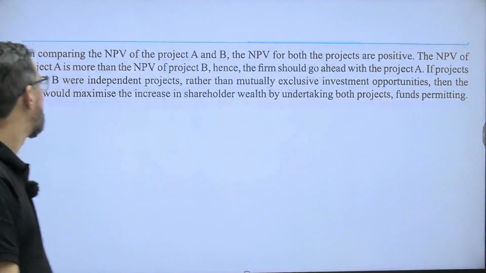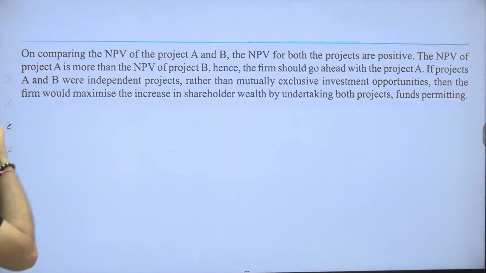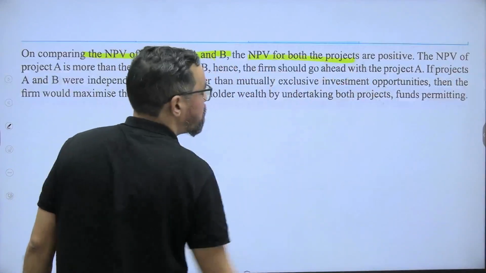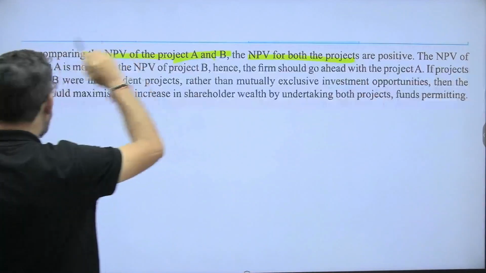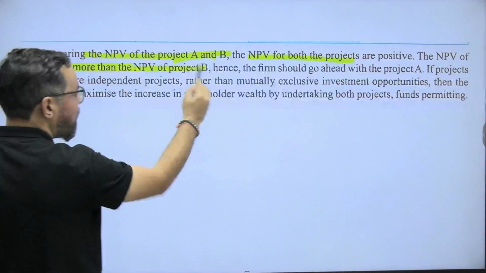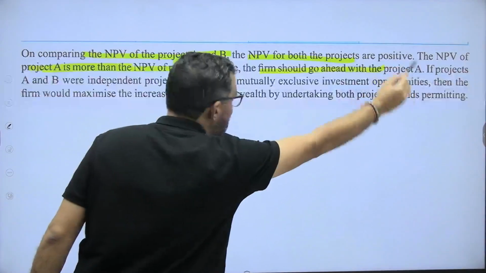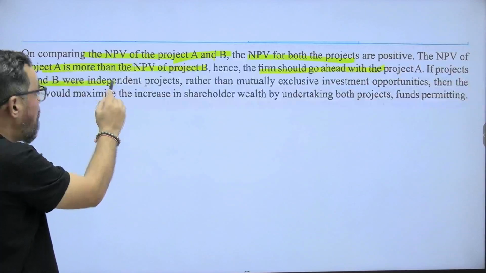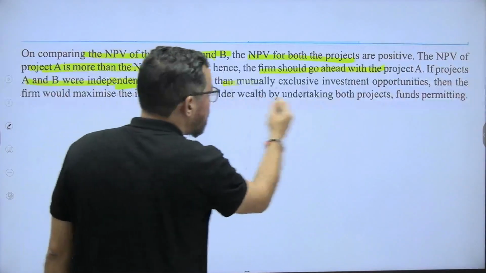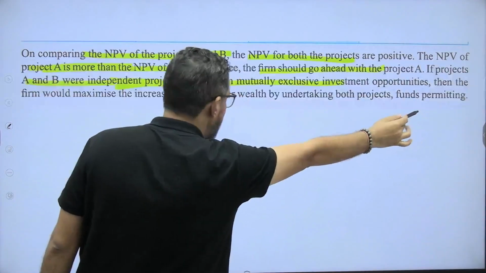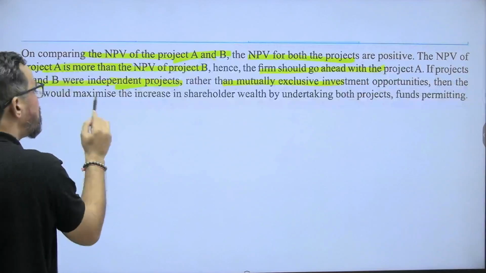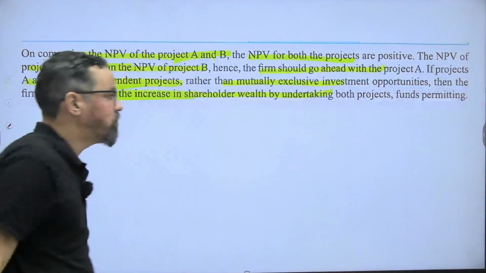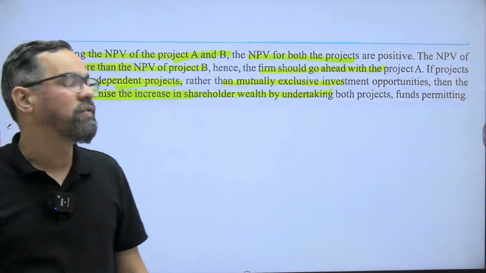So on comparing the NPV of projects A and B, the NPV for both projects is positive. The NPV of project A is more than B, hence the firm should go with project A. If projects A and B were independent projects rather than mutually exclusive investment opportunities, then the firm should maximize the increase in shareholders' wealth by undertaking both projects, if funds permit.